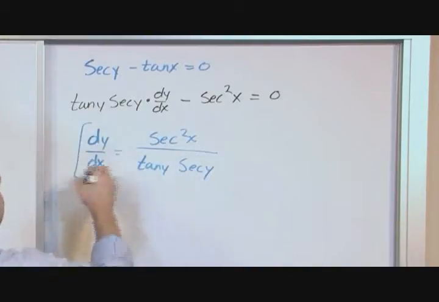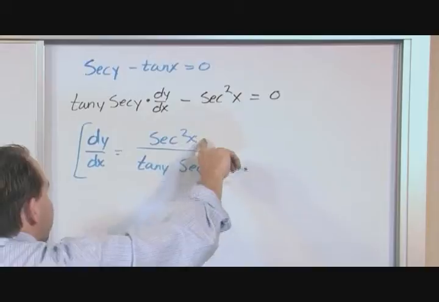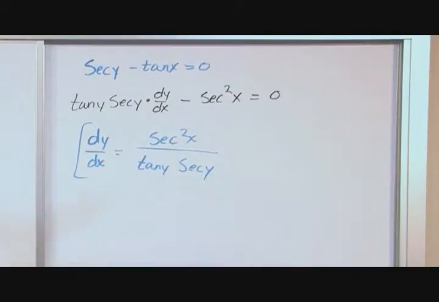And that's the answer. Now notice we cannot cancel this secant with this secant, because this is secant squared of x and this is secant of y, totally different variables. So if we wanted to find a value of the slope of this curve, we'd have to supply a value of x comma y at that spot to be able to do that.